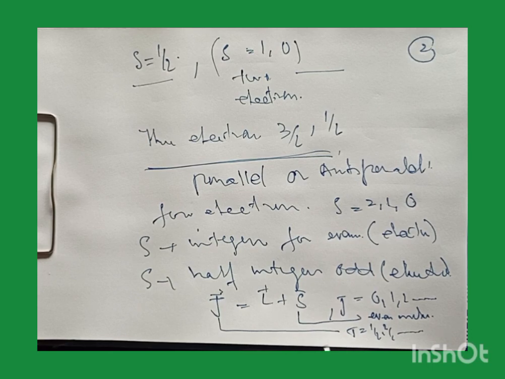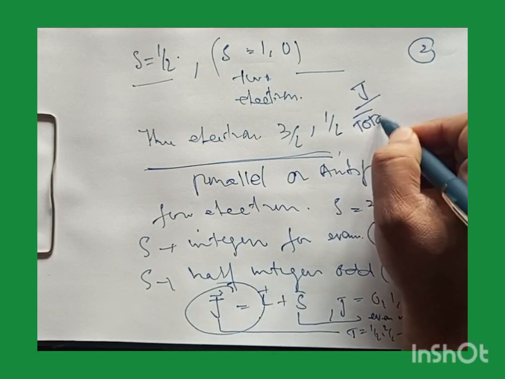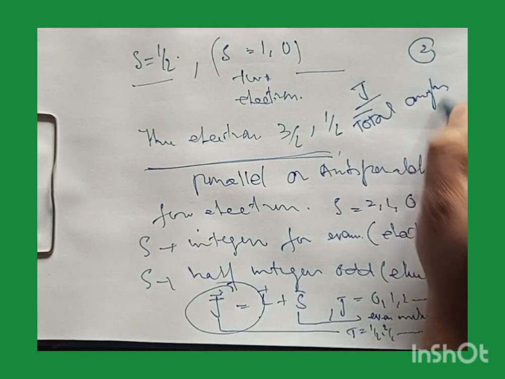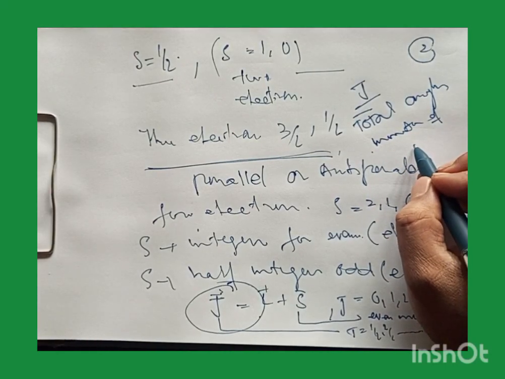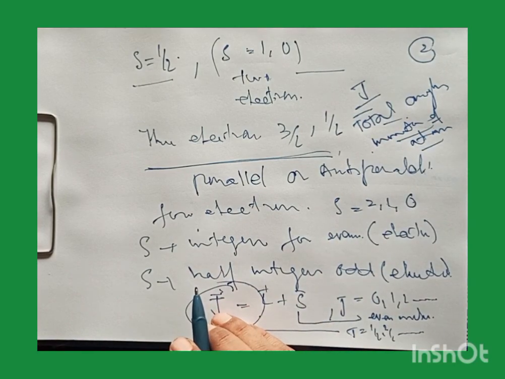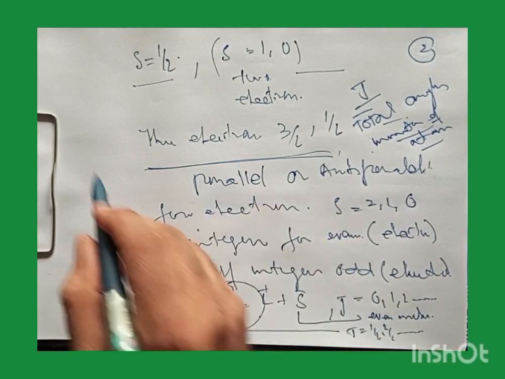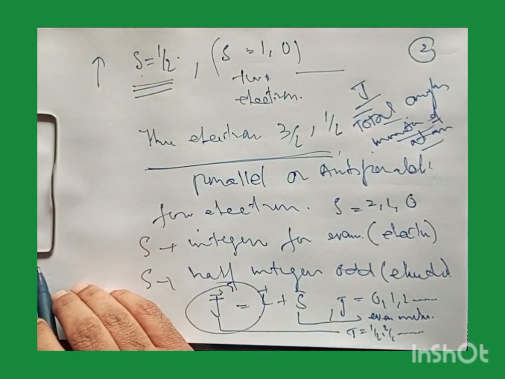So J is always positive. This total angular momentum is always positive. Why? Because it represents the total angular momentum of the atom under consideration. So we can understand that if we have a single electron, we will have 1 by 2.